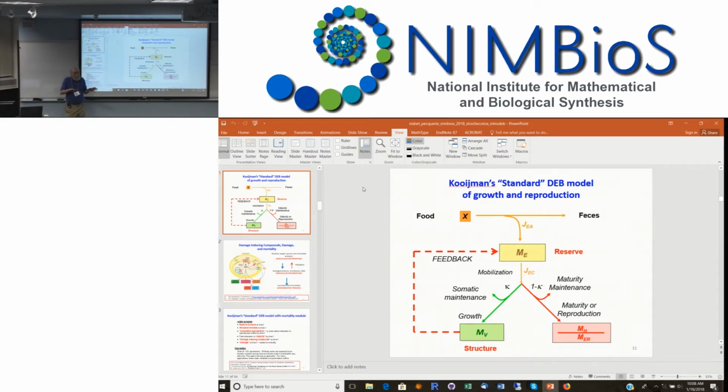Now, as an organism grows, for instance, if it's exhibiting von Bertalanffy growth, then the maintenance costs increase faster with size than does intake, and hence mobilization. And so what you get is a steady decrease in the rate of growth. Sorry, I've got the diagram the wrong way around. It's this one I'm ignoring.